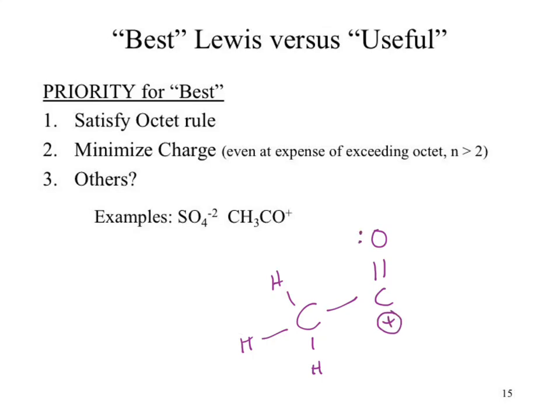And let's get in our lone pairs. This structure is technically our useful structure, not our best Lewis structure. Okay? And it's all because of rule number 1, satisfy the octet. What atom does not satisfy the octet in this structure?